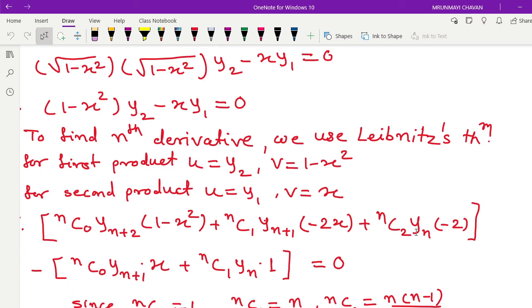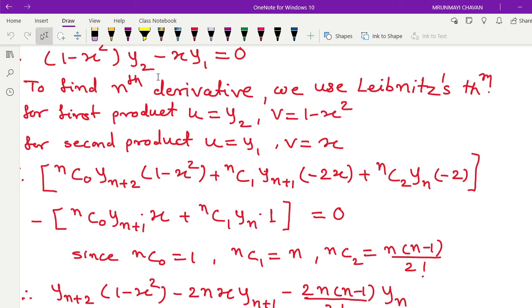So here the next term will be nc2 yn and the derivative of minus 2x, which is minus 2. Now if we write the next term, then the derivative of this minus 2 will be 0. Therefore we terminate this expansion here.